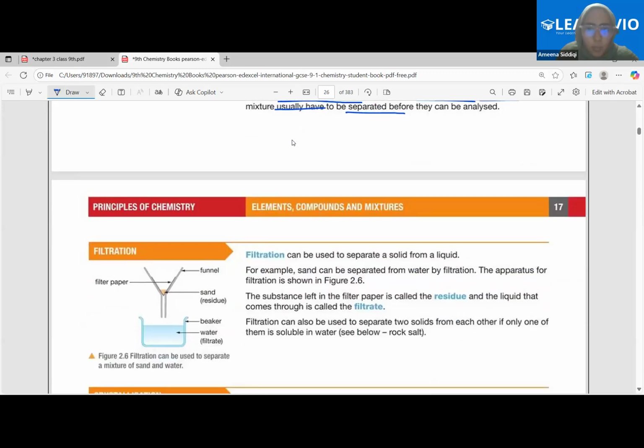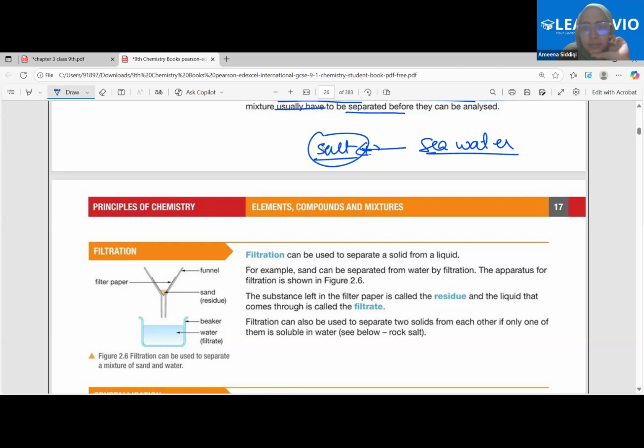How do we get the salt? What's the basic method to get the salt? Acid plus metal is salt and water. That is true, but how do we get it on the industrial scale? Through the seawater, right? Seawater is a source of salt.